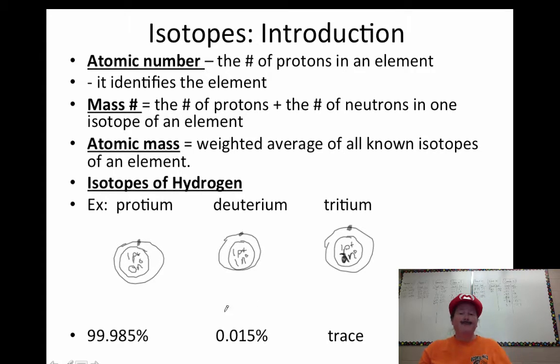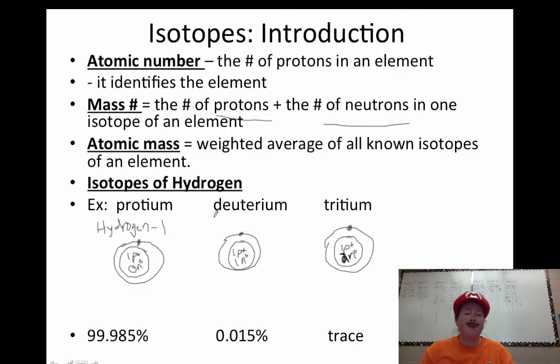So there are a couple of ways we can represent these 3 isotopes of hydrogen. One way is called hyphen notation. So the mass number, again, is the number of protons plus neutrons. So the mass number of protium is 1. Hyphen notation takes the name of the element, hydrogen, with a hyphen, and it's followed by the mass number.